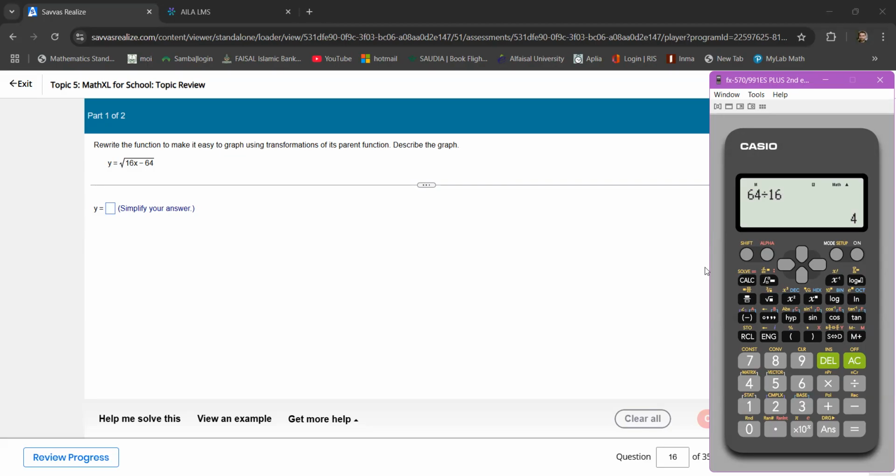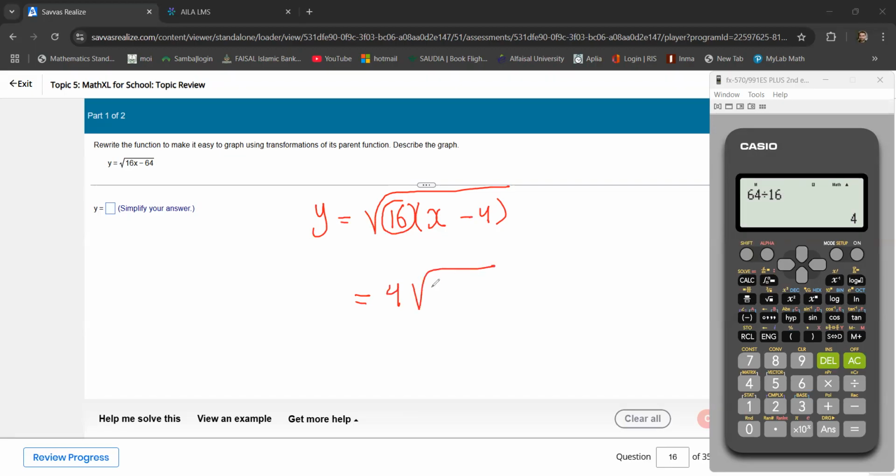So the function y will be equivalent to the square root, with 16 taken as a common factor. So it remains here x minus 4, because 64 divided by 16 will give you 4. Now I can take the square root of the 16, so it's 4 outside now: 4 square root of x minus 4.